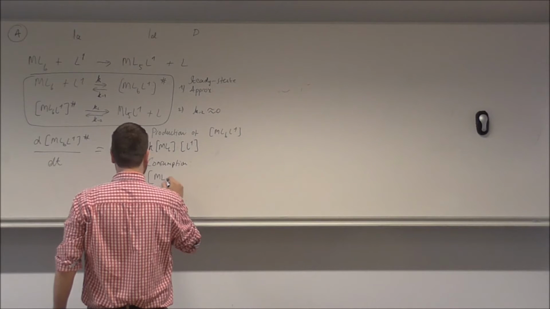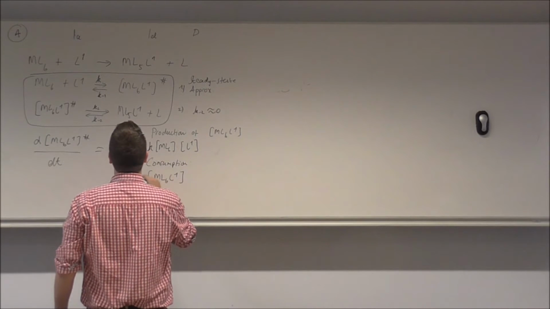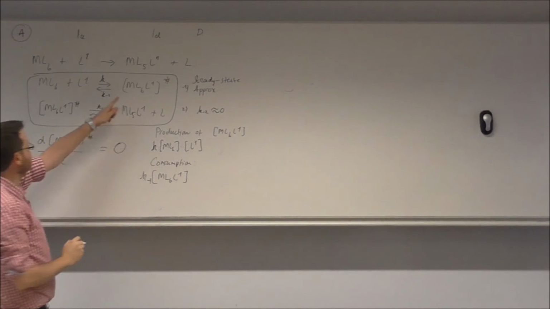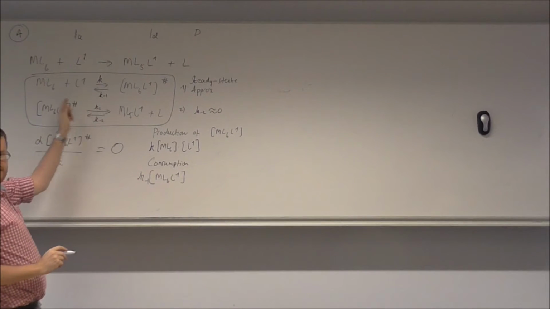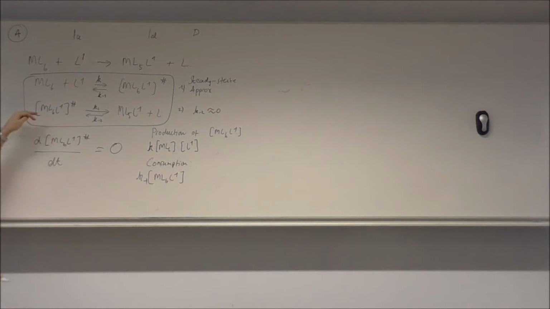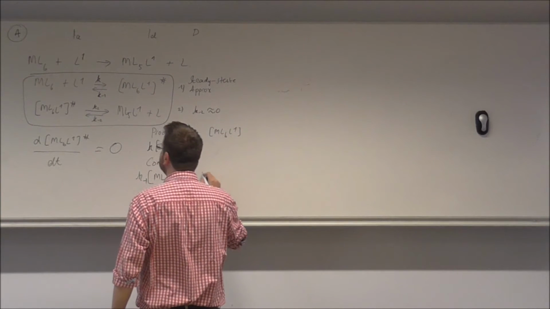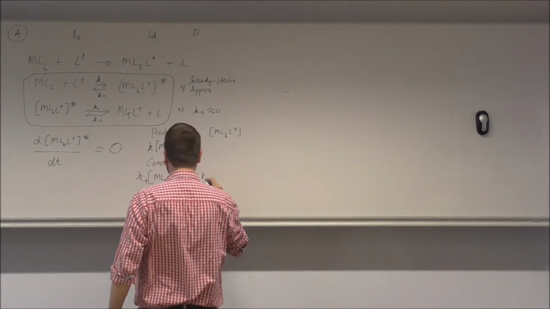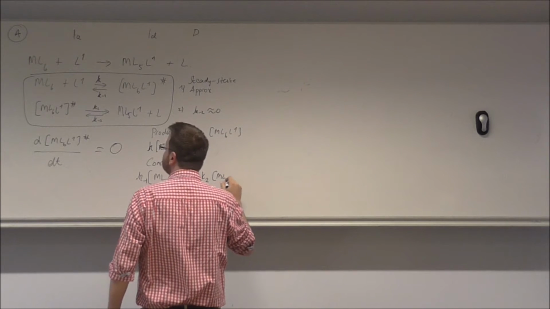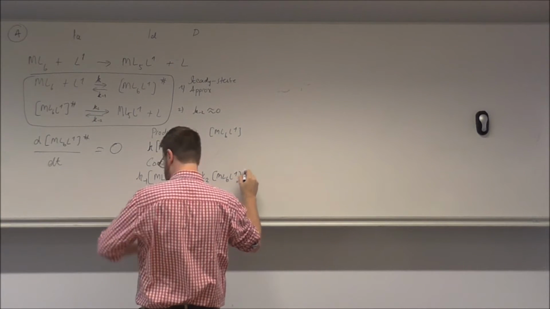Oh, yeah. Exactly. So it's basically K minus 1, because that's consuming it, right? And at the same time, this would be another process that consumes it. So let's put those two together. So it's K2, these are rate constants, times ML6L1 with the hash.